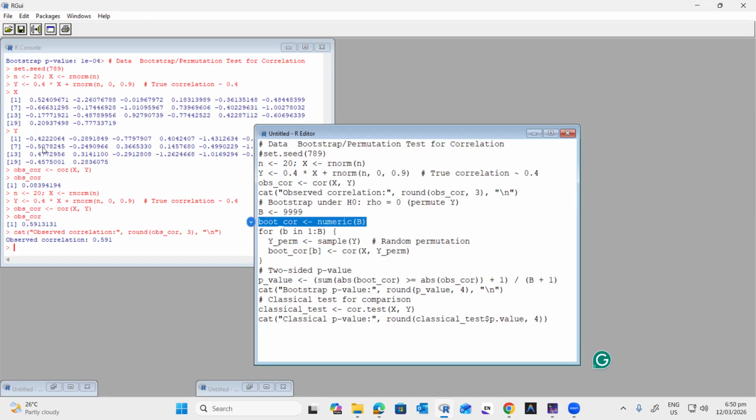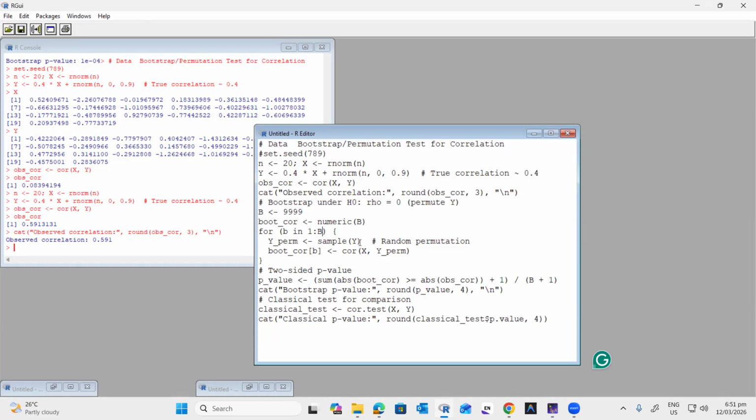Then we apply the for loop again, as we have done earlier, over the B permutations, and in y_perm we generate a sample of y every single time of the same size n. We don't need to introduce n here; it will take it automatically. If you want, you can introduce n and replace equals TRUE, otherwise no need.